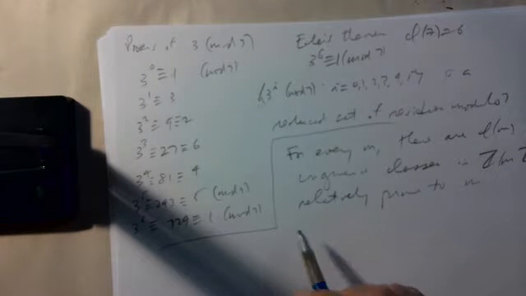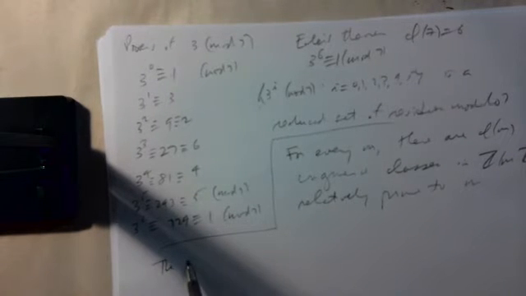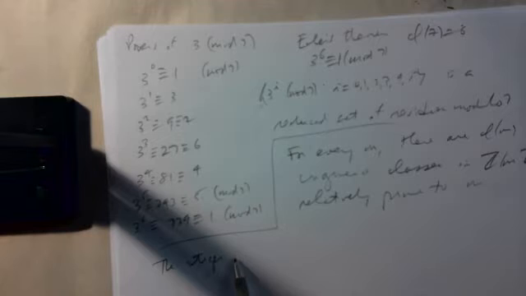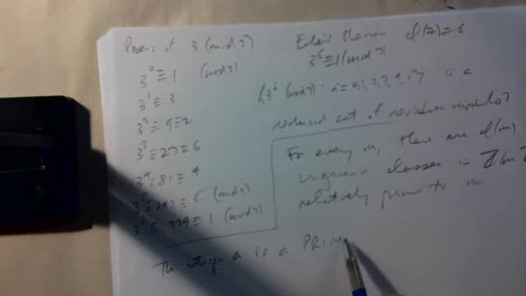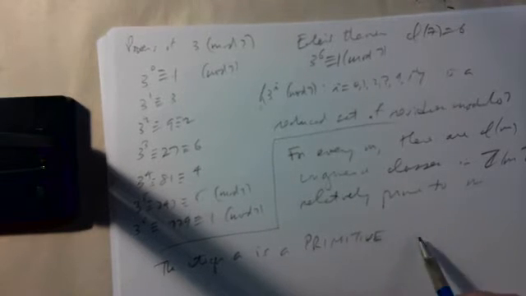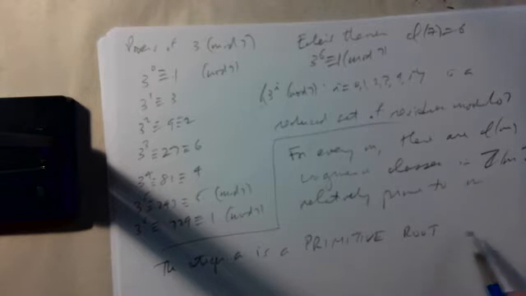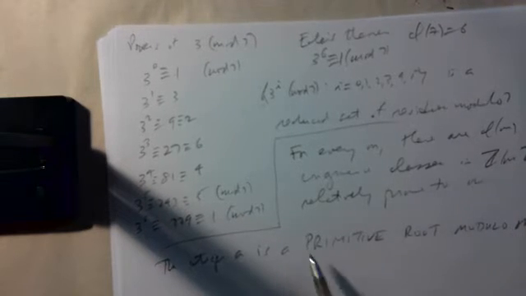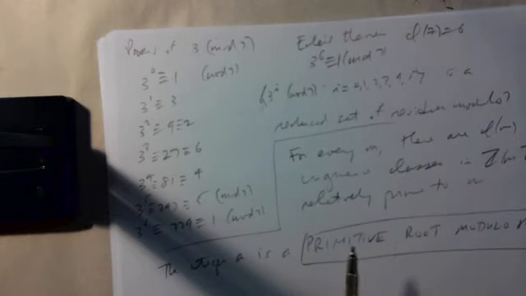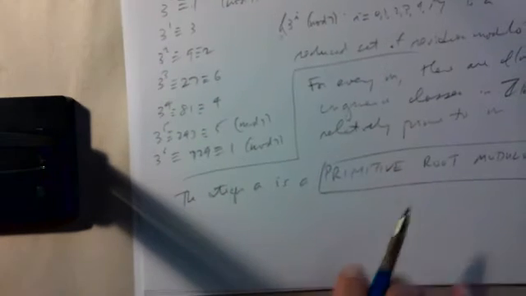And we say that the integer a is a primitive root modulo m. We can state this in 2 equivalent ways.